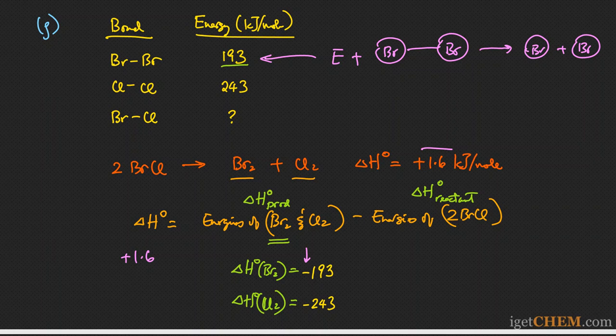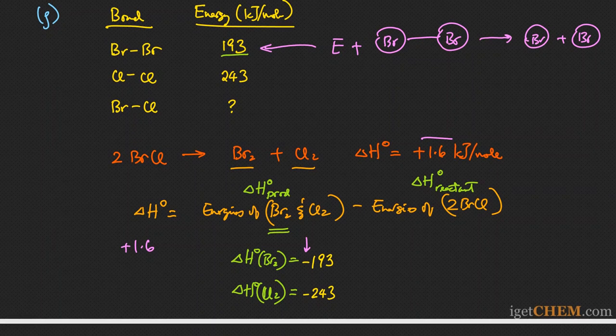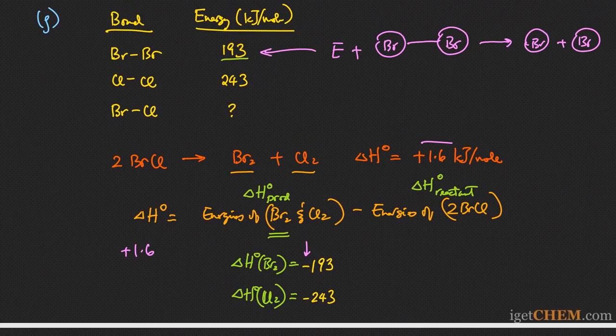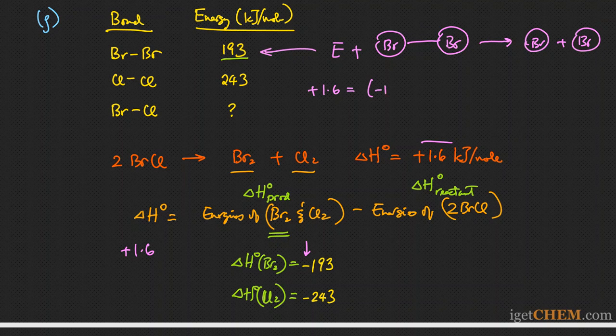So what we can then do is just set up an equation to calculate delta H of all the reactants, which are the 2BrCl. So let me write the equation up here. 1.6 positive. I'm just going to leave out the units because they're all kilojoules per mole. So the 2 with negative values are these. And then subtracted from that is the delta H of the 2BrCl.